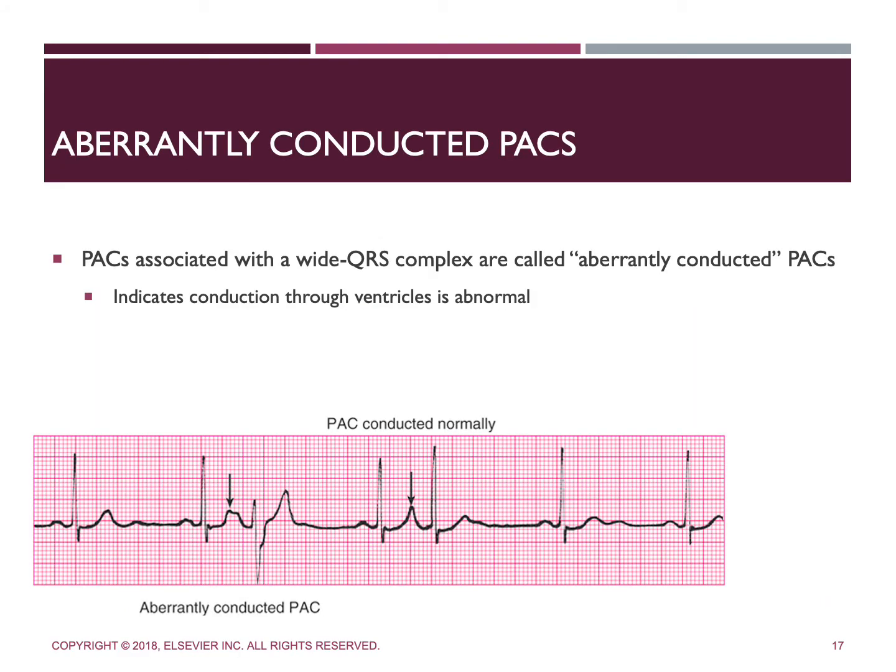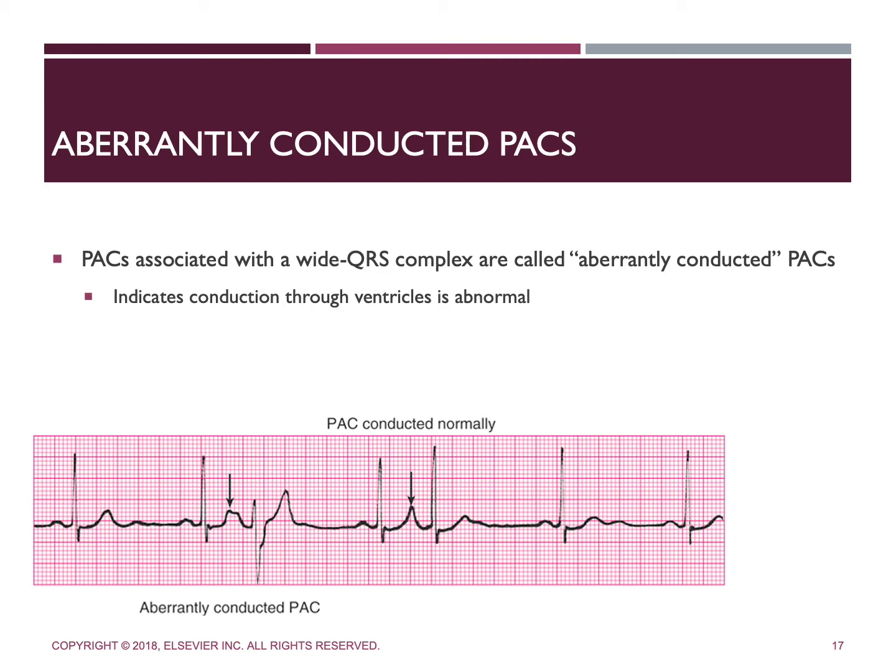Aberrantly conducted PACs are typically going to be associated with a wide QRS complex. What this indicates is conduction through the ventricles is abnormal. If a PAC occurs very early, the right bundle branch can be slow to respond to that impulse, or refractory.